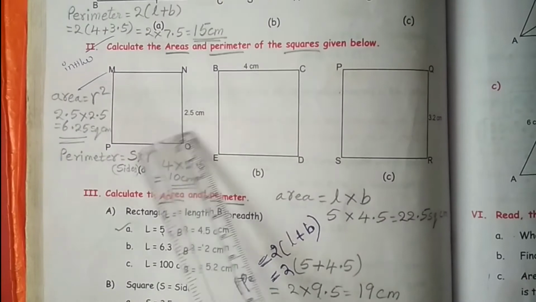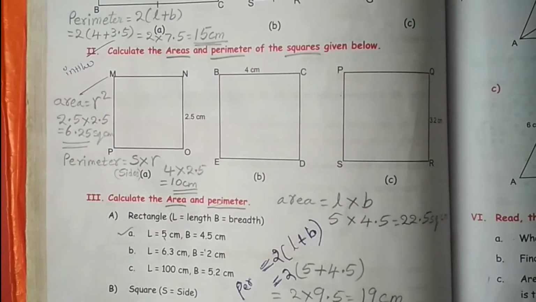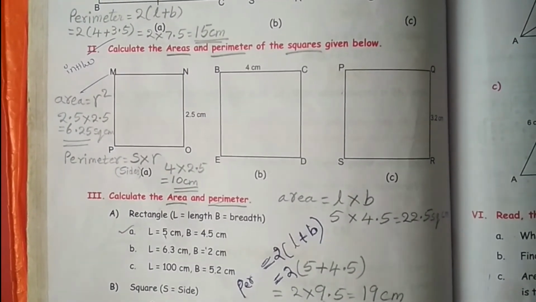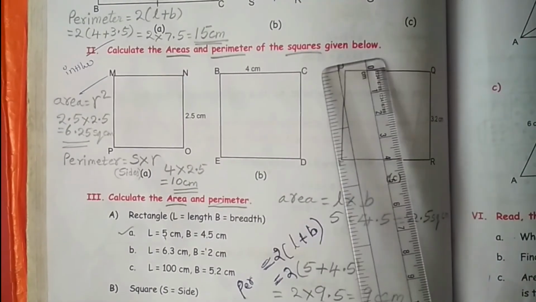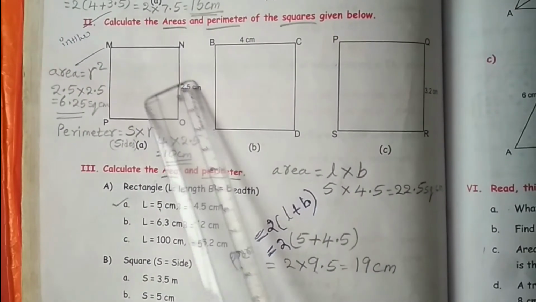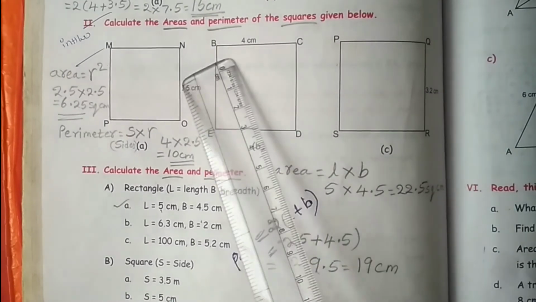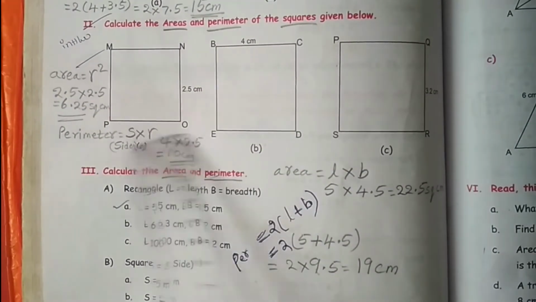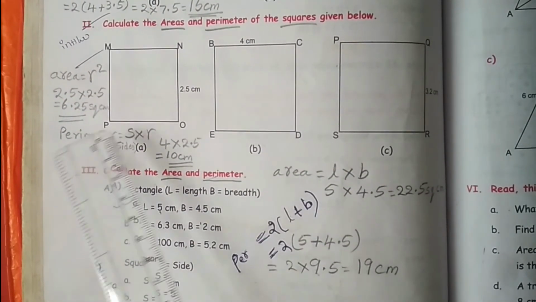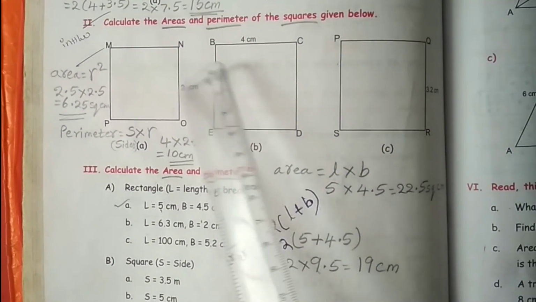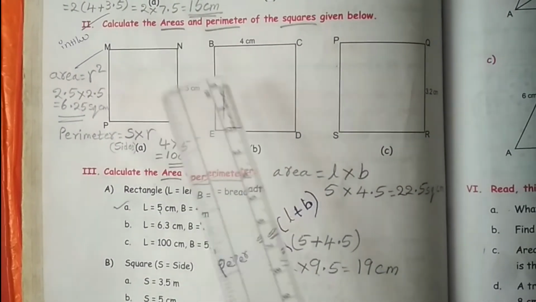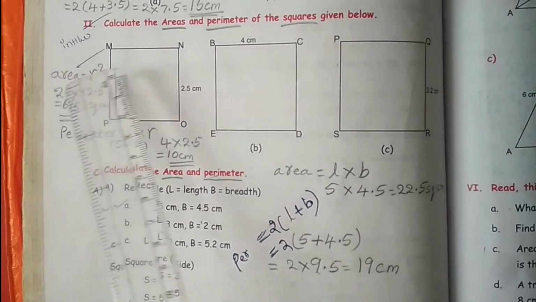Okay. Now, see the second question here. Calculate the areas and perimeter of the squares given below. Now, check this A bit. Here, what they have given? MNOP. Right. So, 2.5 centimeters. Breadth and the length also the same.